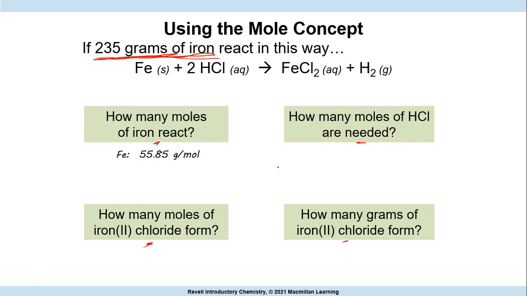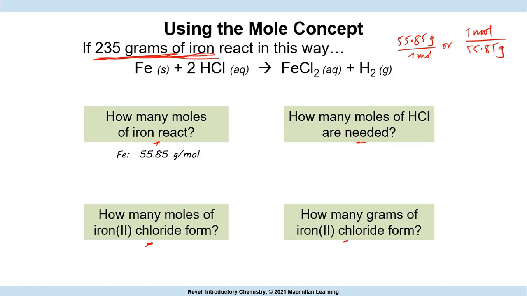So we'll state it in a way that the grams will be at the bottom and the mole will be at the top. So let me show you this. We have 55.85 grams per mole. We also have 1 mole to be equivalent to 55.85 grams. So which of these conversion factors are we going to use?